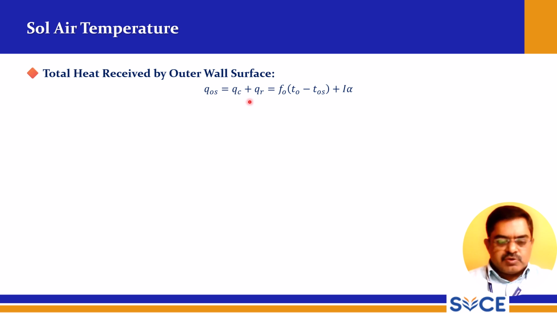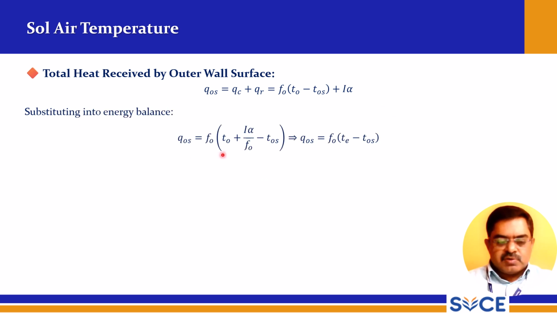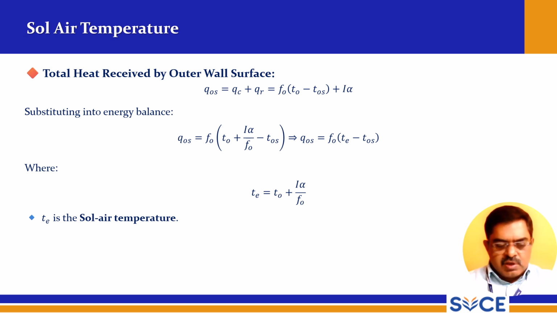QC plus QR equals F naught (T naught minus TOS) plus I alpha, and substituting into the energy balance, QoS equals F naught (T naught plus I alpha by F naught minus TOS). So that is QoS, the heat transfer at the outer surface, equal to F naught (TE minus TOS), where TE equals T naught plus I alpha by F naught. So TE is the solar temperature.